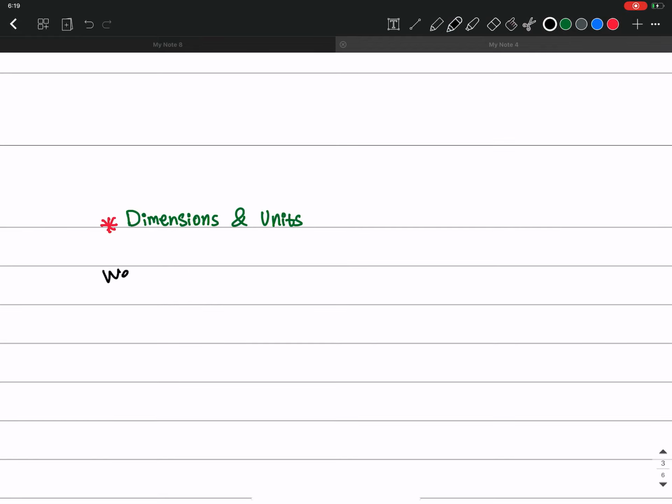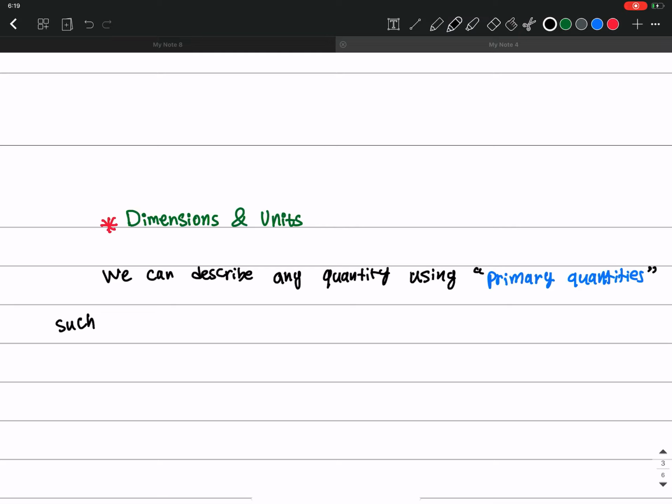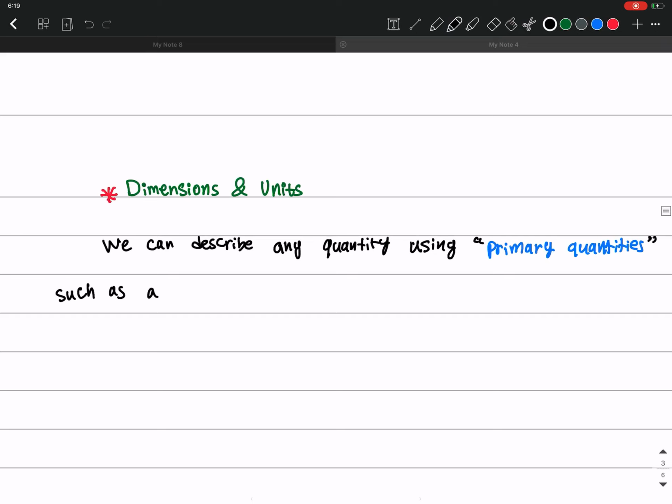So we can describe any quantity using primary quantities such as length.